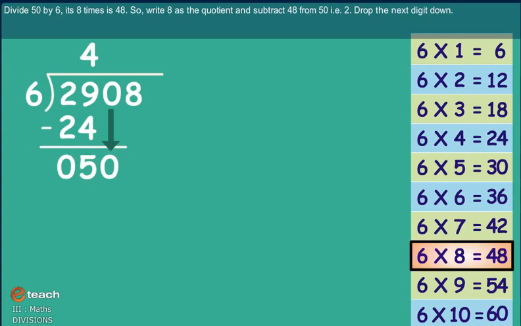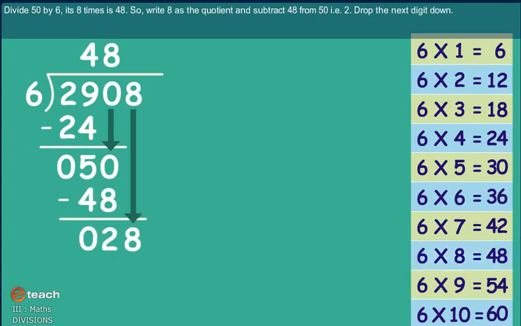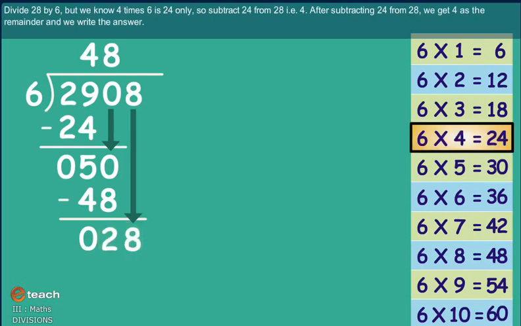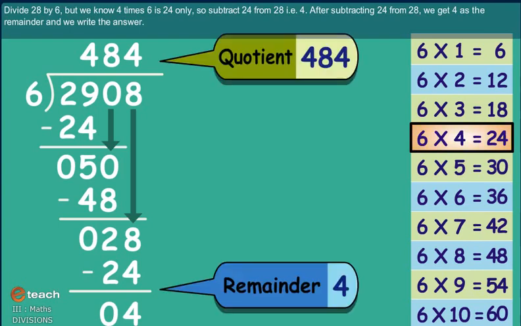So write 8 as quotient and subtract 48 from 50. Drop next digit down. Divide 28 by 6. But we know 4 times 6 is 24 only. So subtract 24 from 28. After subtracting 24 from 28, we get 4 as remainder and we write the answer.